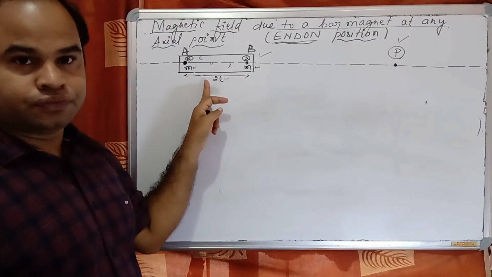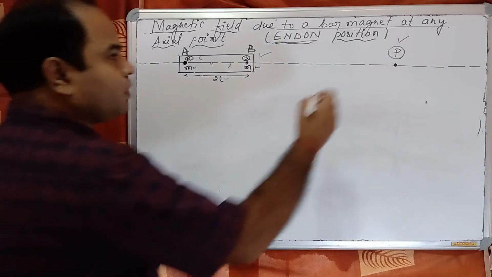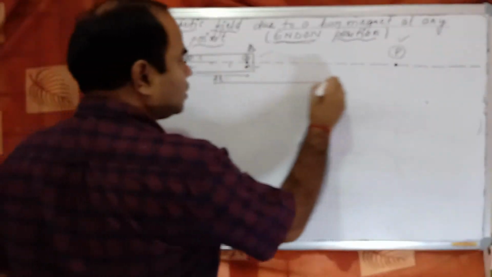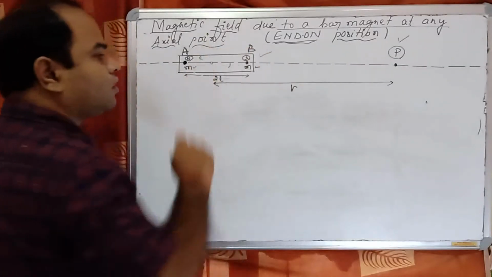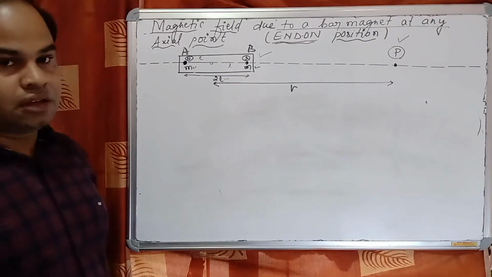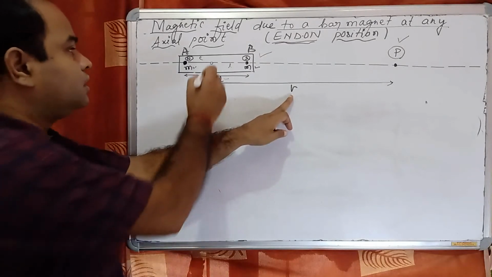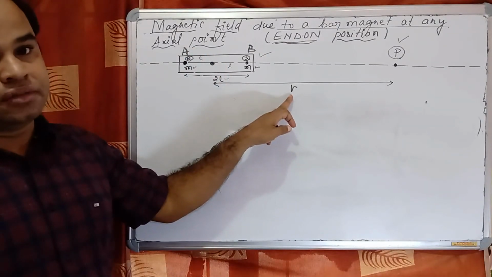Let us say this point P is at distance r from the center of the dipole, that is, r distance from the center of the bar magnet.